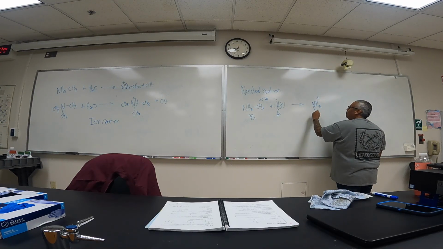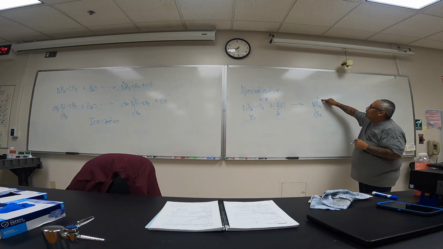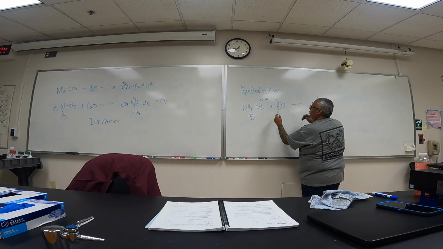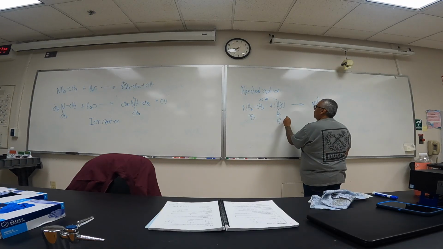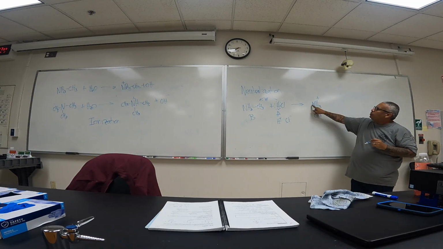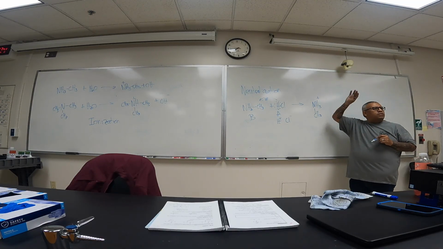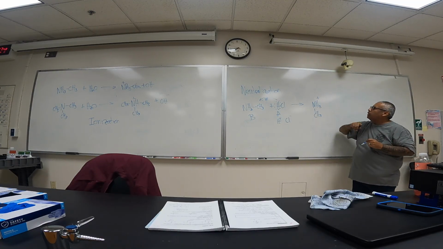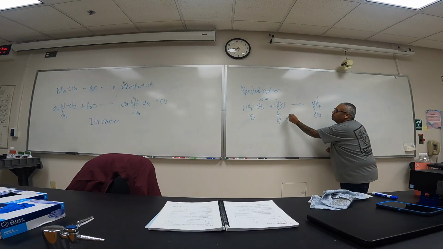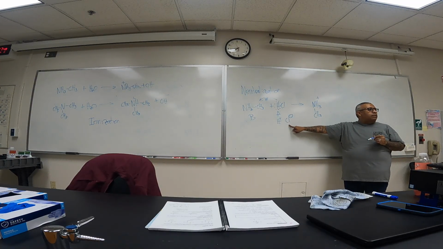I'm going to write this out of the way real quick. I think it'll look better. So we got this positive charge here. So when this separates here, we get these two items here. And the positive charge is that this nitrogen is now containing some positive charge. Okay? This chloride here is looking for something to bond with.